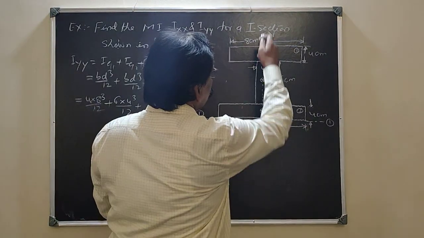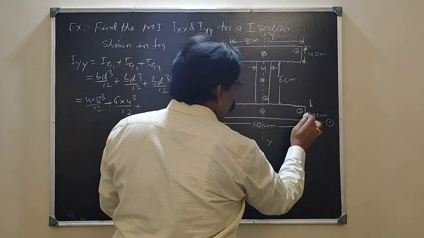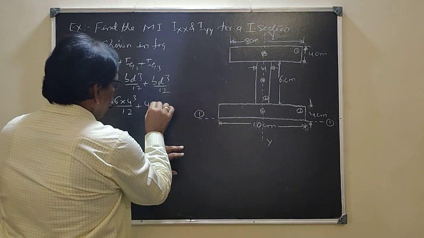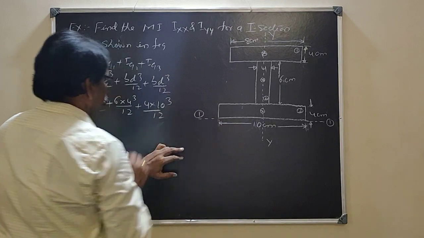This is a rectangle, so this is the centroidal axis and the parallel dimension for this is 4 cm, that will come first, that is B into 10 cube divided by 12.